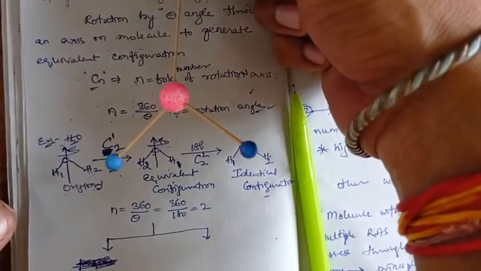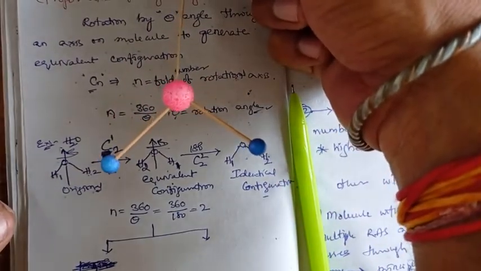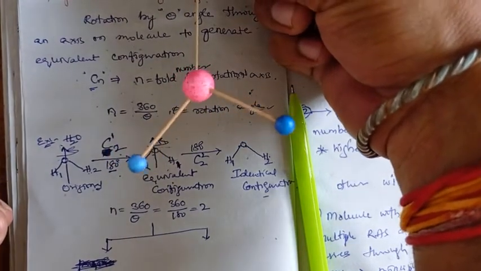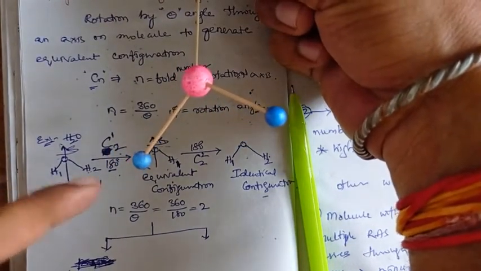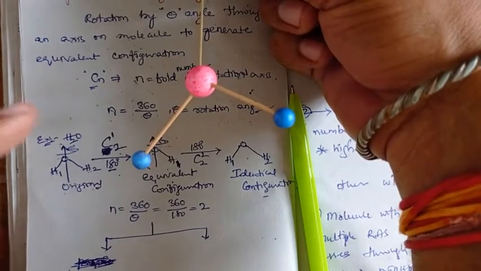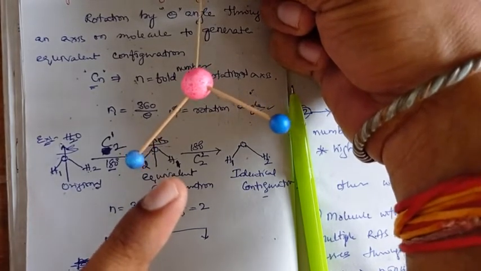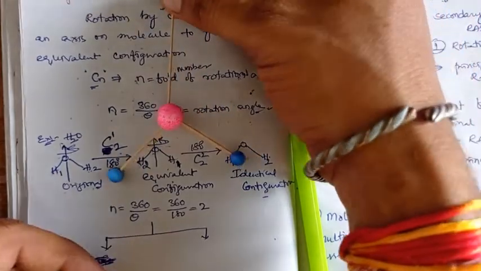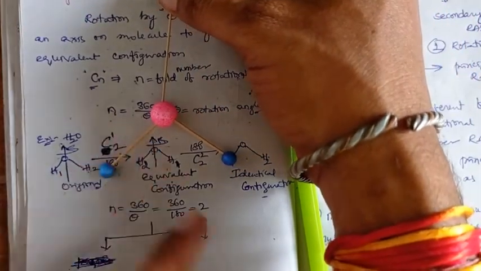So for this water molecule, you change the angle. If you do a 30 degree rotation, this is what happens: the two-dimensional molecule becomes three-dimensional, the planar molecule becomes non-planar. Here the planar molecule has all three atoms within the plane.